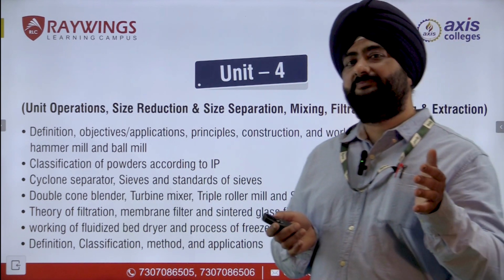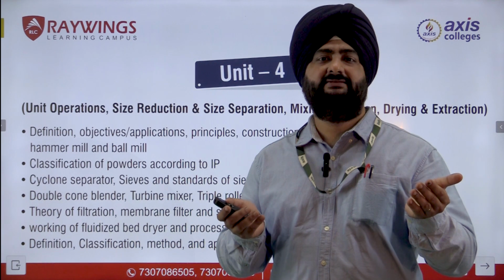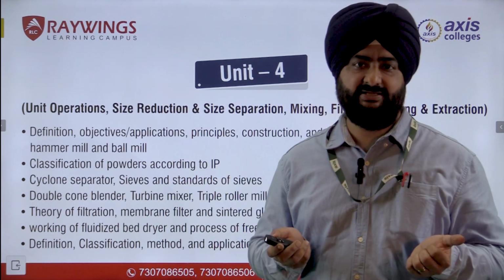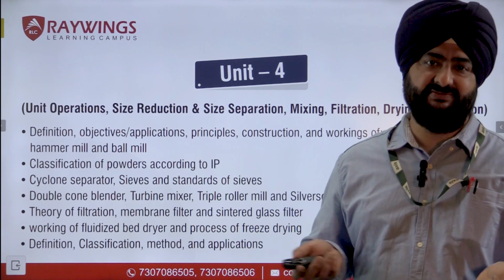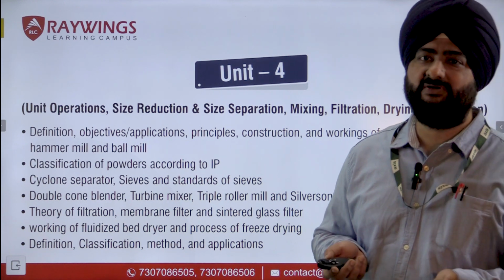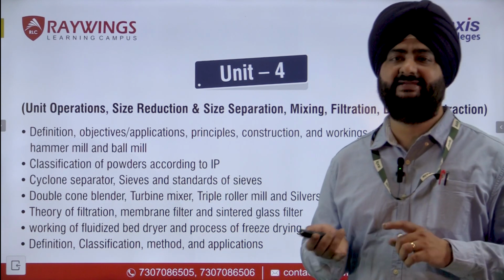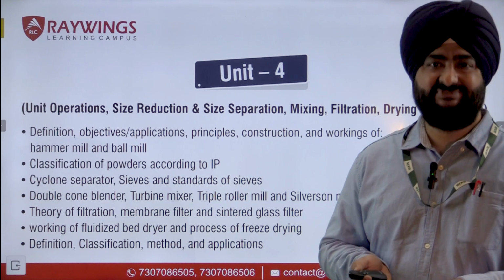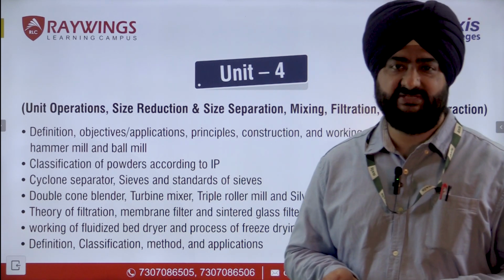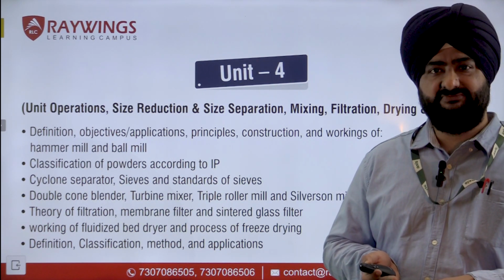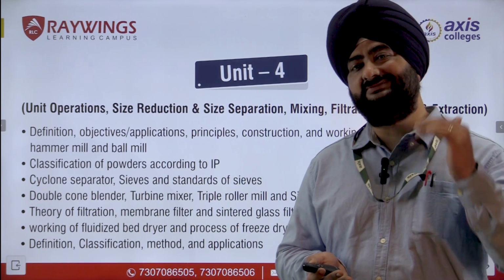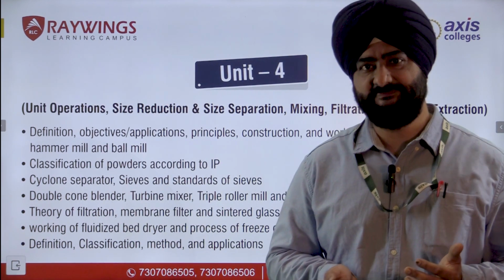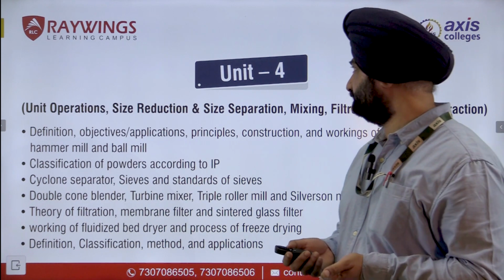And that type of particle size we can collect by the use of separation machines, which come under the topic of size separation. Like cyclone separator is there, sieve separator is there, sieve shaker. With the help of sieve shaker, we can get different grades of particle sizes easily.